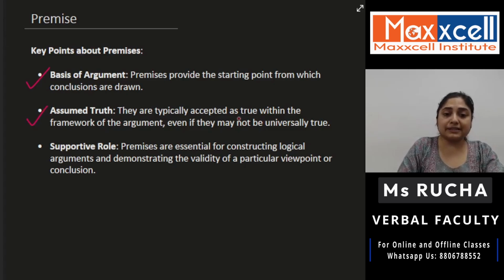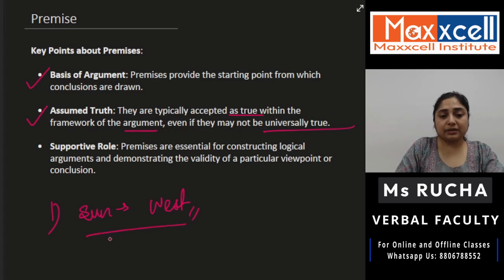They are typically accepted as true within the framework of the argument, even if they may not be universally true. Now, if in some argument one premise is that the sun rises in the west, although it does not rise in the west, in the framework of that argument it does, so this should be considered as a true premise.